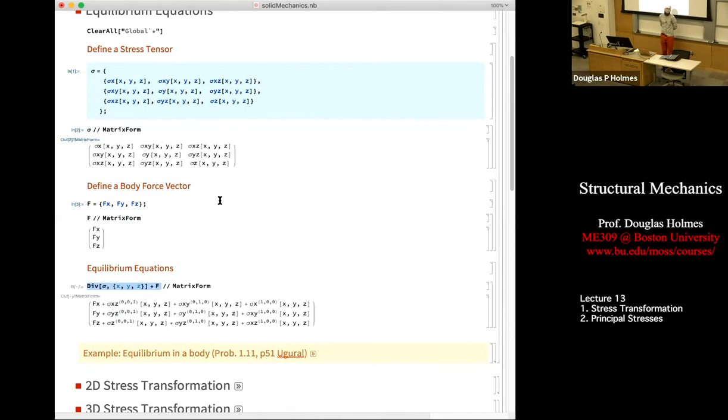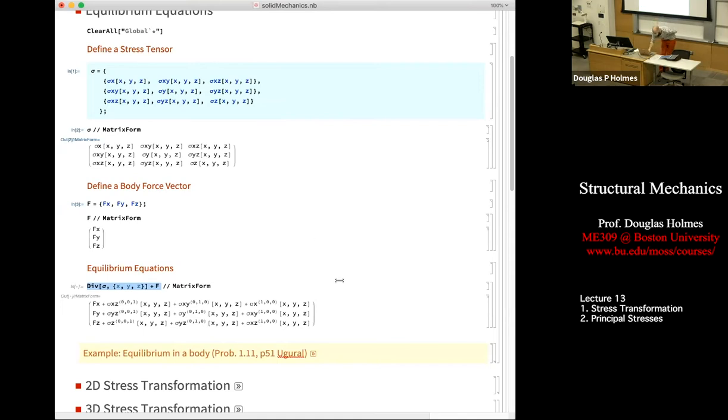But you don't have to choose x, y, and z as your coordinates. Even in Cartesian coordinates, you could choose whatever you want: A, B, and C, x1, x2, x3, doesn't matter. So you're saying here, I'm taking the divergence with respect to x, y, and z. By default, I didn't say anything else, which means I'm in Cartesian coordinates. And I'm going to add to that divergence my force vector.